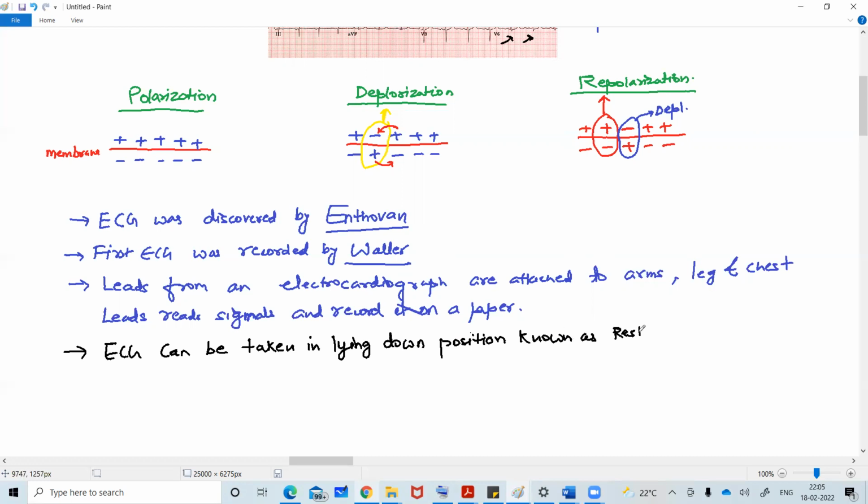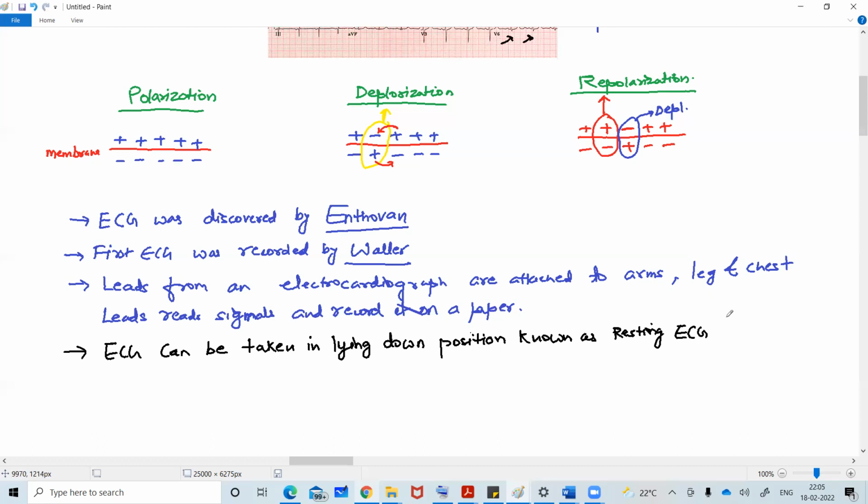resting ECG. Sometimes if any patient is going for cardiac monitoring, they check the resting ECG and exercise ECG. Means when the body is doing some work, at that time ECG is checked, right?